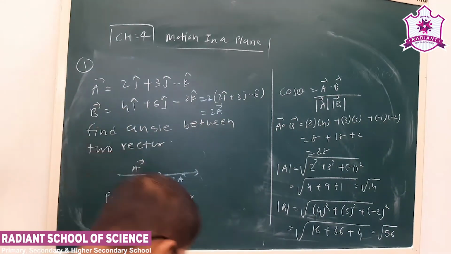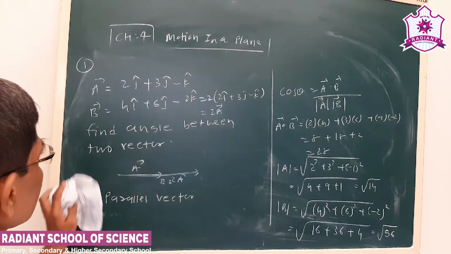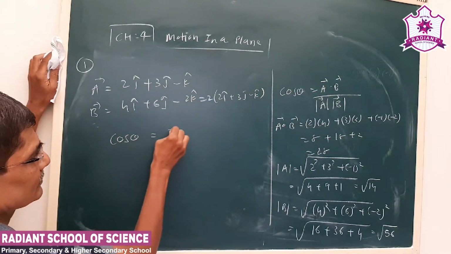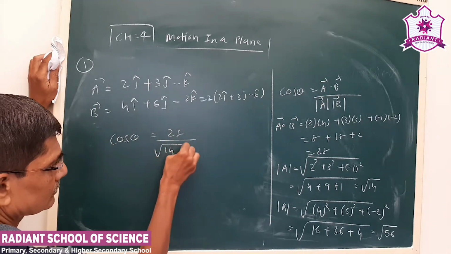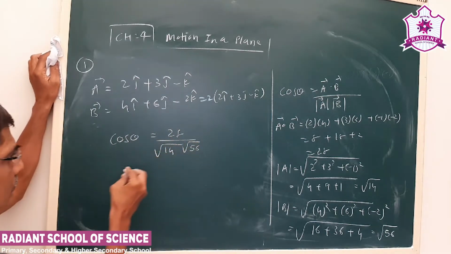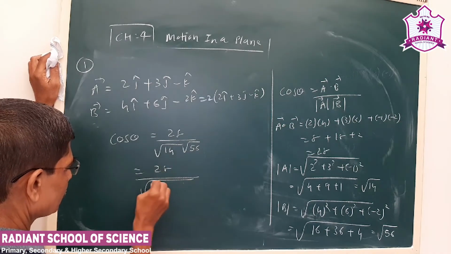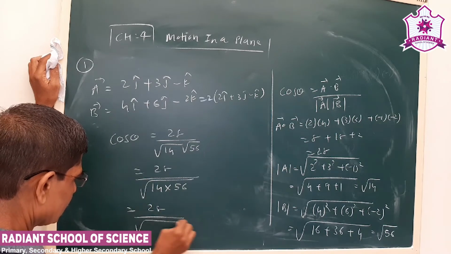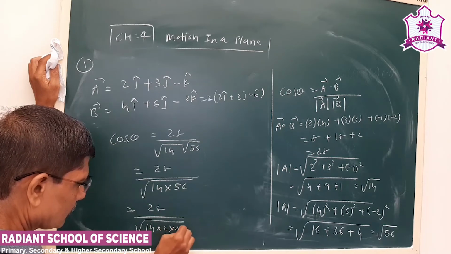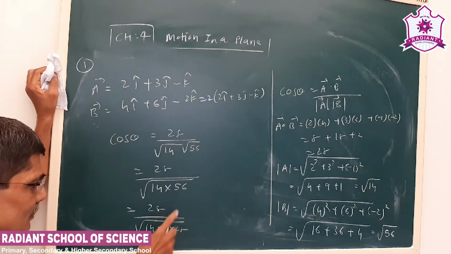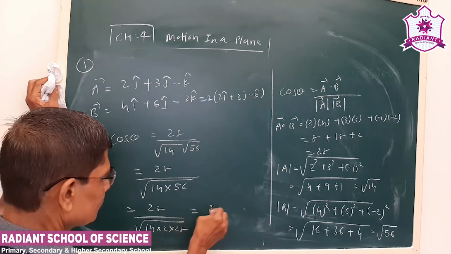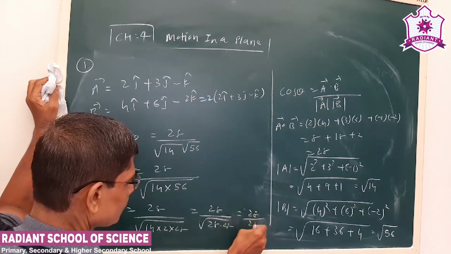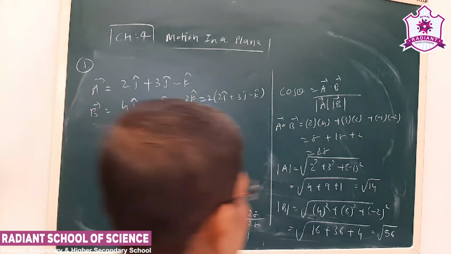If I substitute, 56 is 28 into 2, so cos theta is 1.